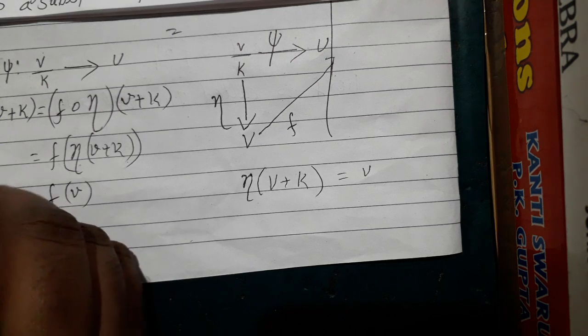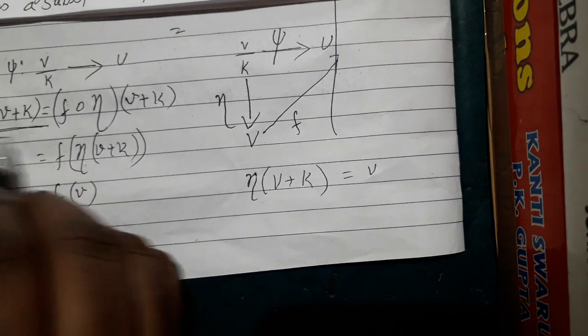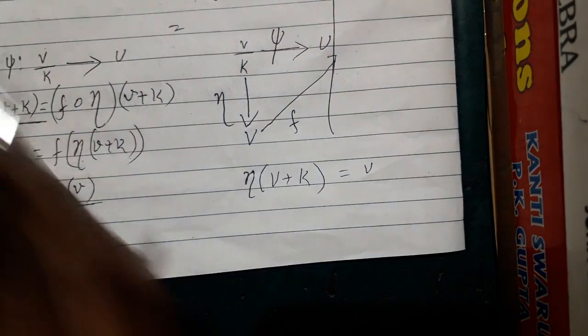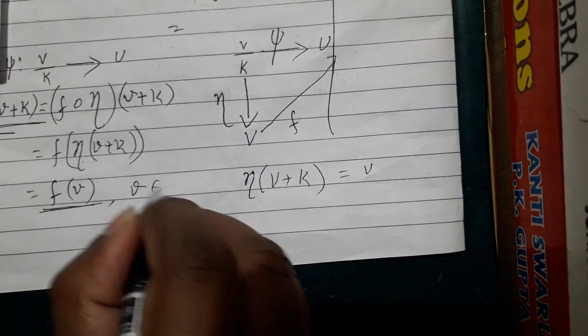So we define psi of v plus K as equal to f of v, where v belongs to V.